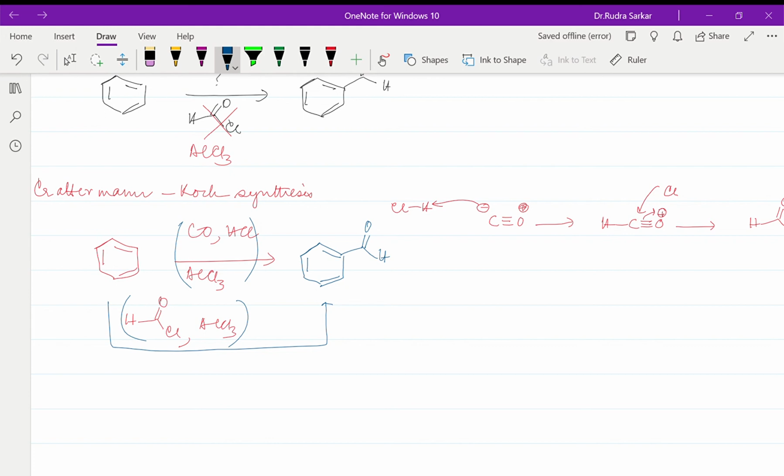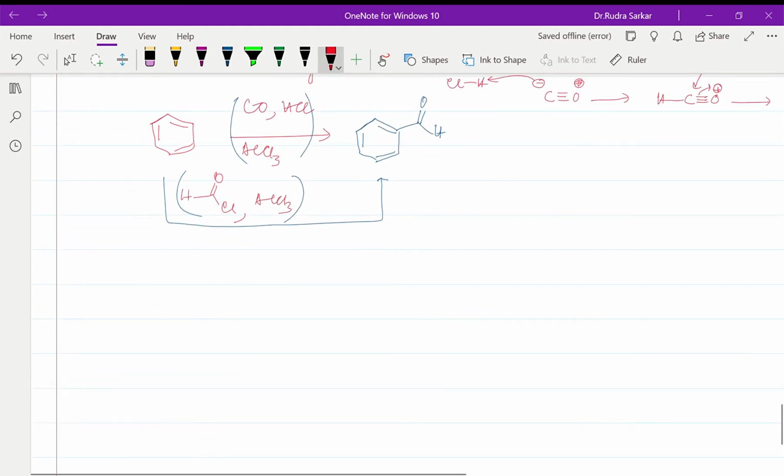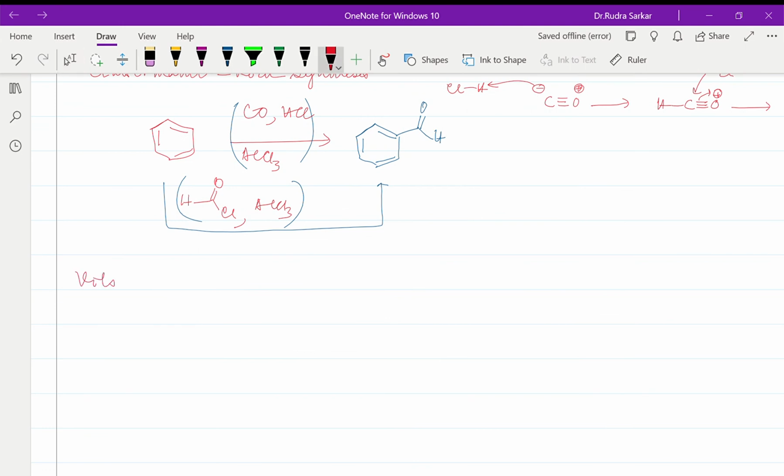Another process is using the Vilsmeier-Haack procedure or reaction, and in which the reagent N,N-dimethylformamide, that is your DMF, is the source of the formyl group.